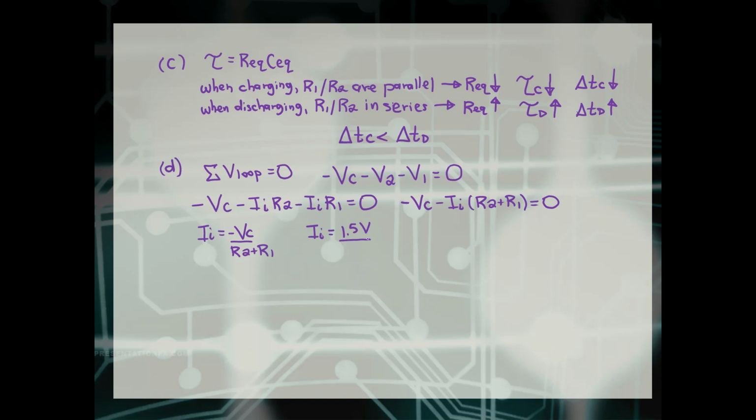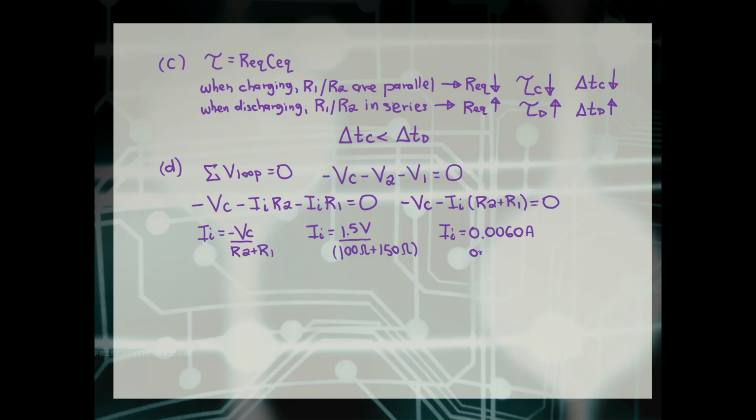So R2 is 100 ohms plus 150 ohms. And then this is going to give us an initial current, I little I, equal to 0.0060 amps.